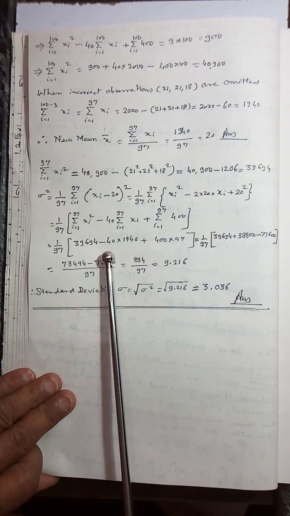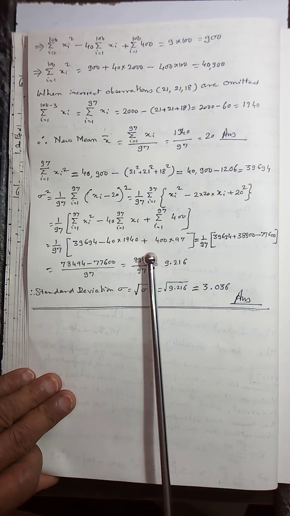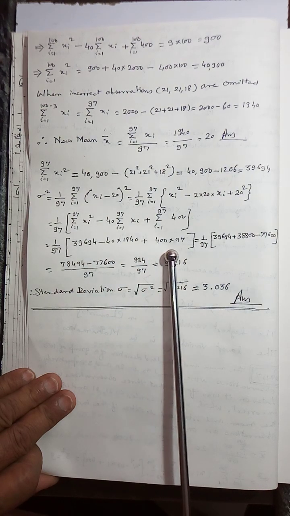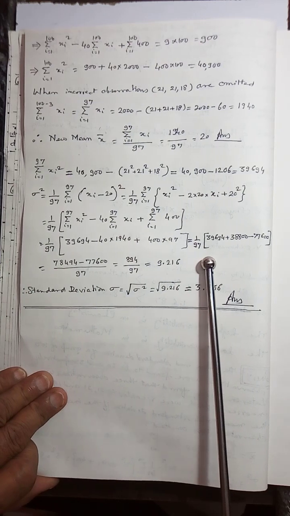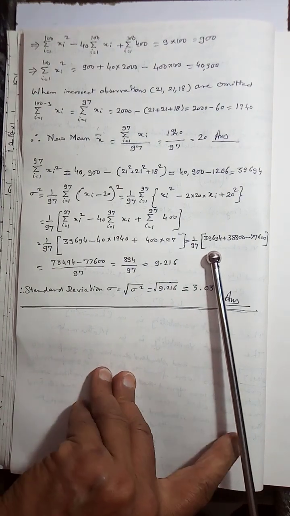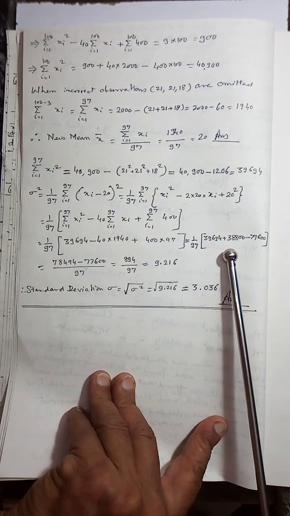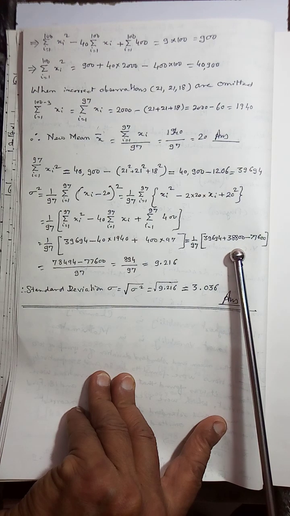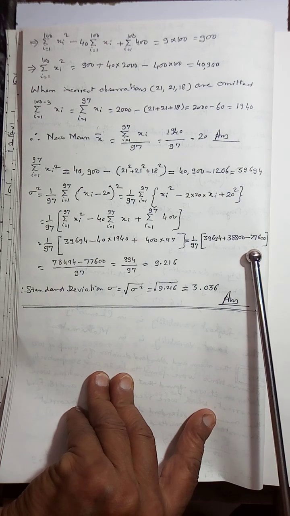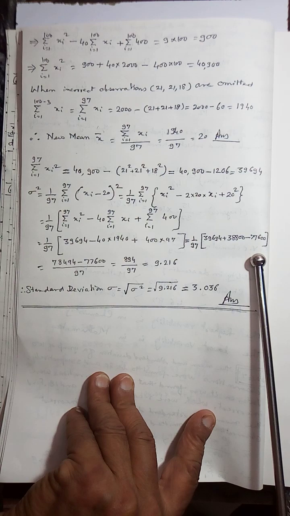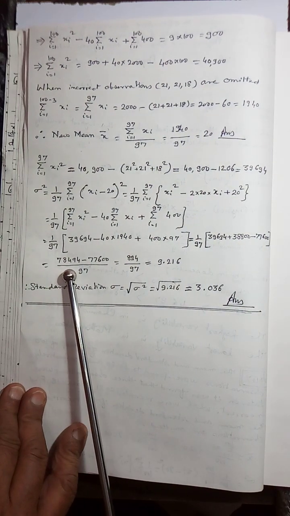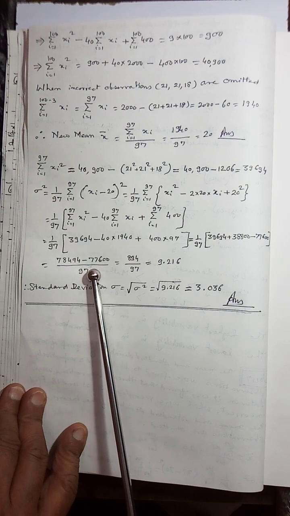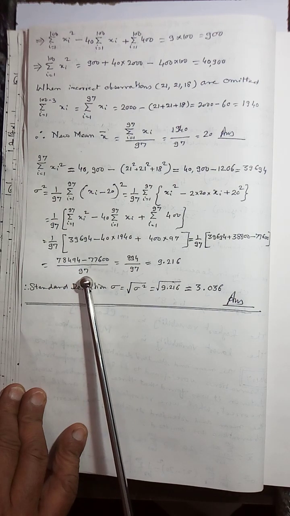So it will be ultimately equal to 1 upon 97 in bracket में रखिए 39,694 minus 40 into 1,940 plus 400 into 97, it will be equal to 1 upon 97, 39,694 plus 38,800 minus 77,600. After solving it, you will get 78,494 minus 77,600 whole divided by 97.